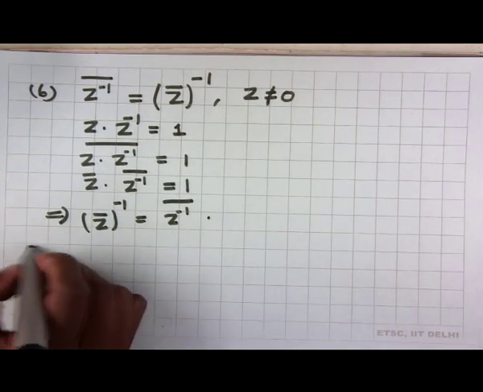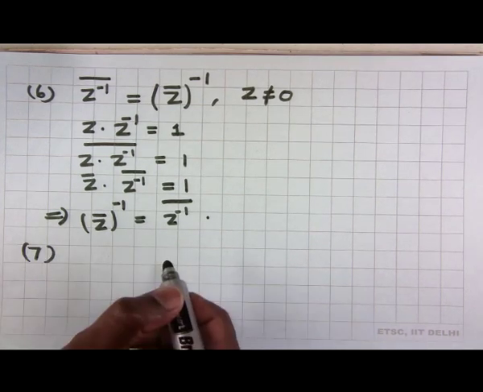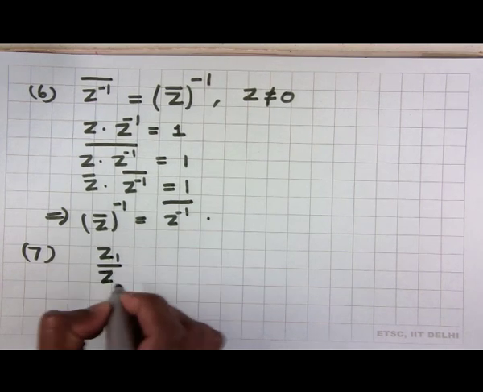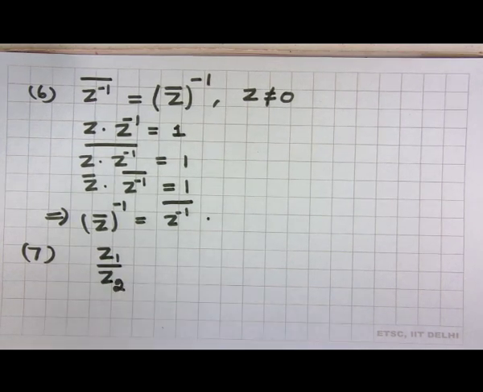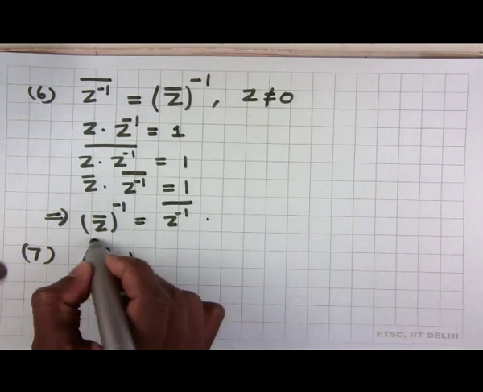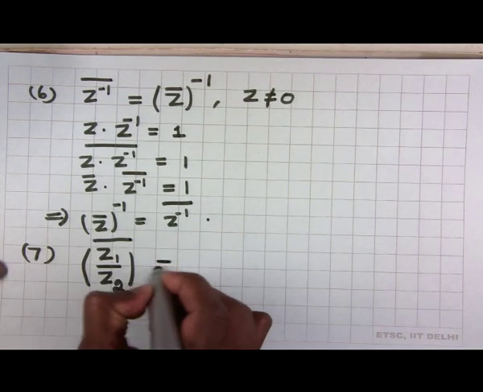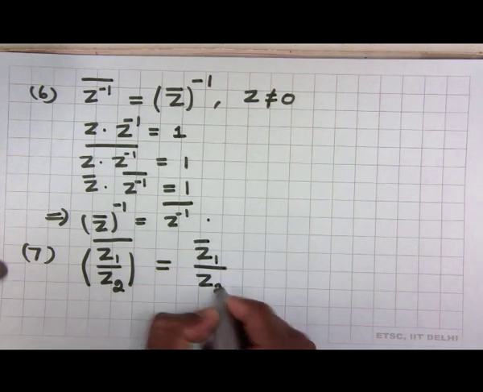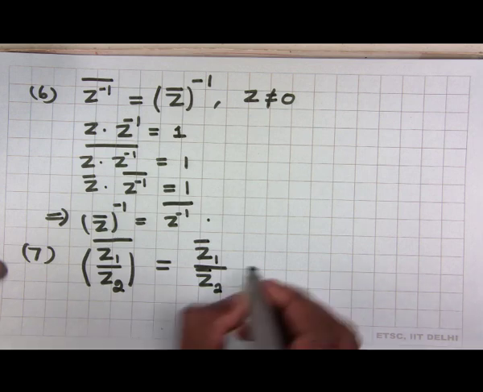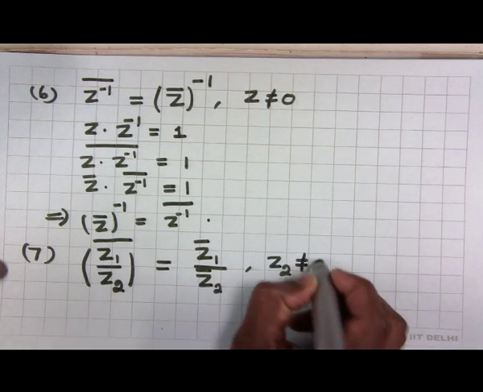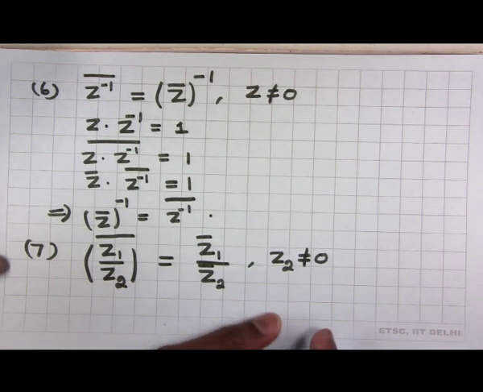The seventh property is to consider z1 by z2 and take its conjugation; this will be the same as z1 bar divided by z2 bar. Again, to make division make sense, we need to assume that z2 is non-zero.